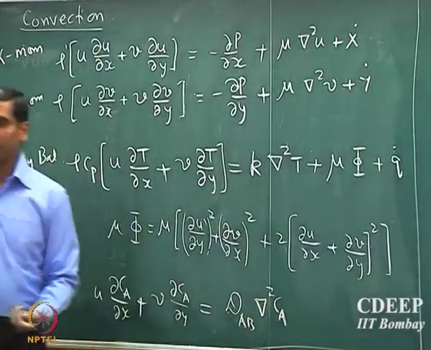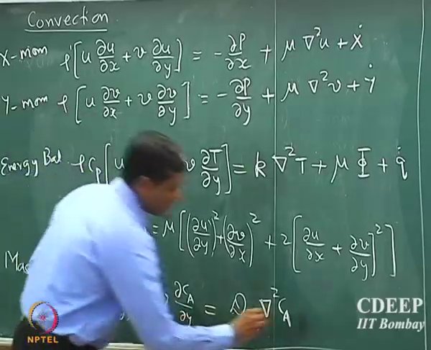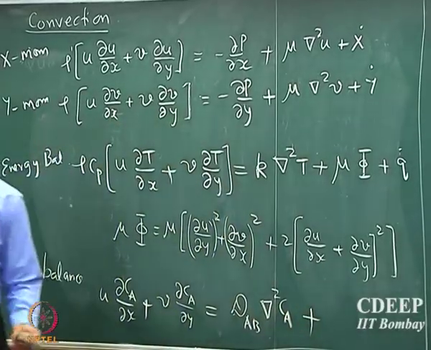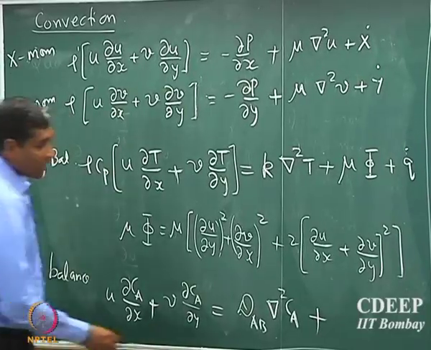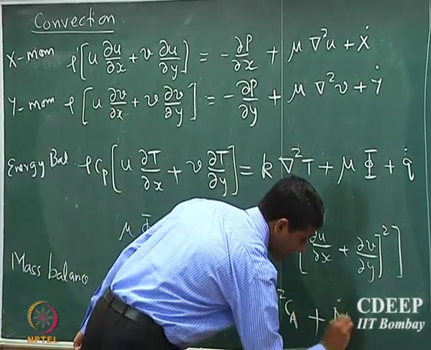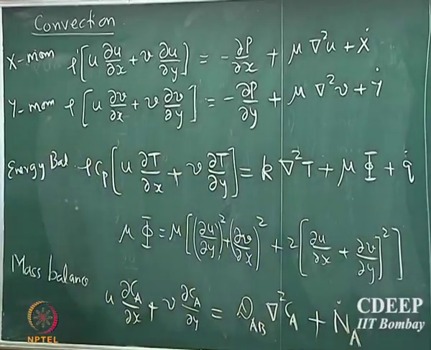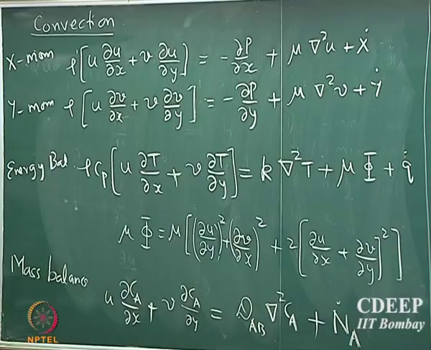So that's the mass diffusion. There is no viscous dissipation. So all that we can have is a generation term. If I put N dot as the mass generation term, it could be by chemical reaction, etc. There could be many different ways, but let's say Na dot is the volumetric mass generation term.